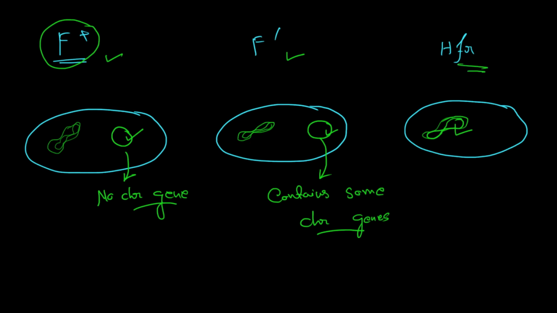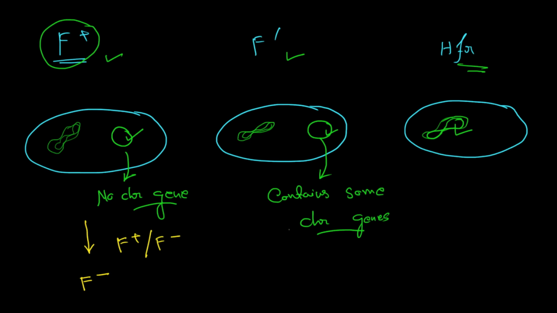The recipient bacterial cell, on the other hand, does not have any origin of transfer site or transfer genes. These cells are always named F- cell. So when F+ cell transfers its genetic material to the F- cell, this type of conjugation is known as F+ F- conjugation.